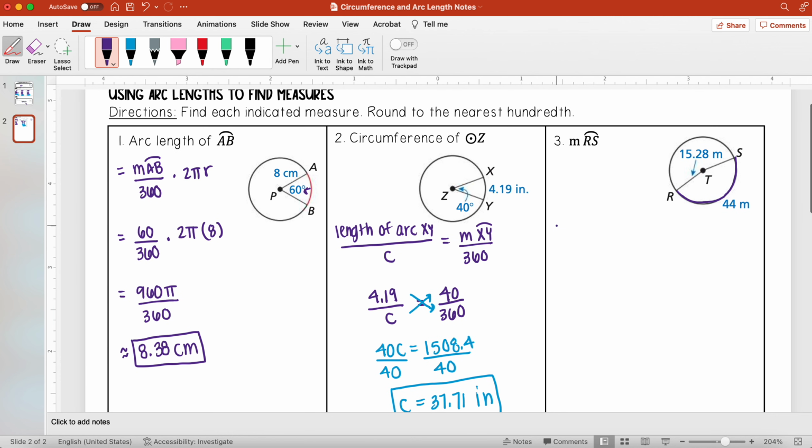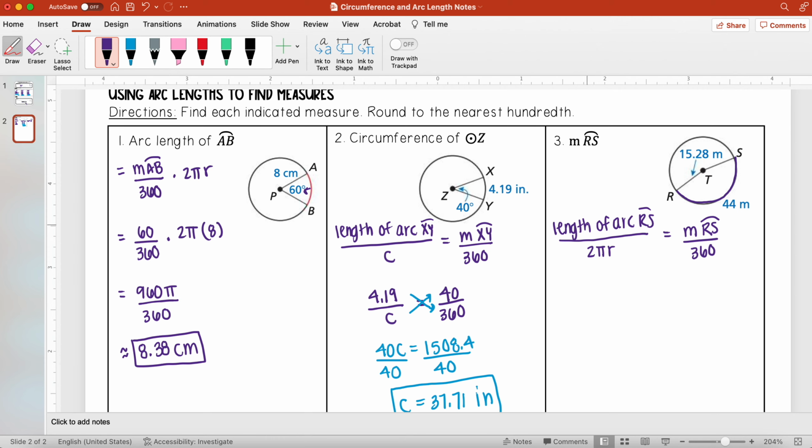So I have that the length of arc RS over, this time I'm going to use my 2 pi r, because I see in this diagram I am given my radius. So I just want to use 2 pi r here. It's equal to the measure of arc RS over 360.